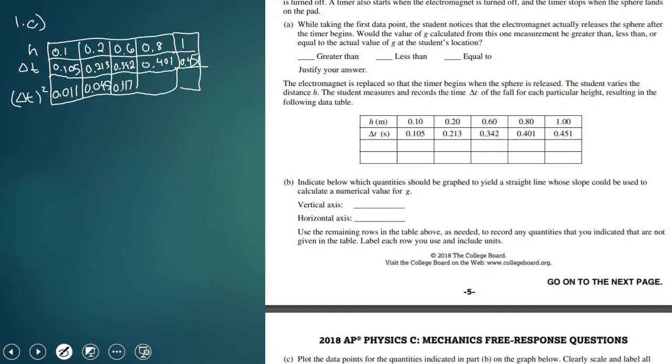This next one is going to be 0.161. And then this last one is going to be 0.203. Okay, and then we can create a rough sketch of the graph.